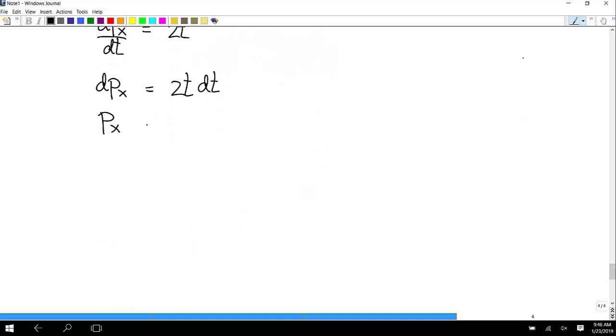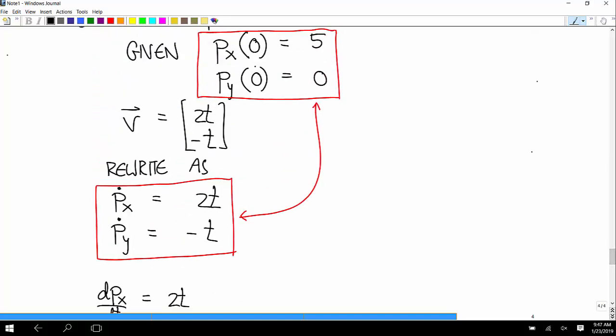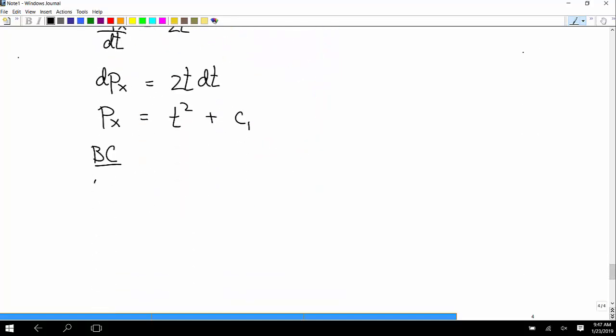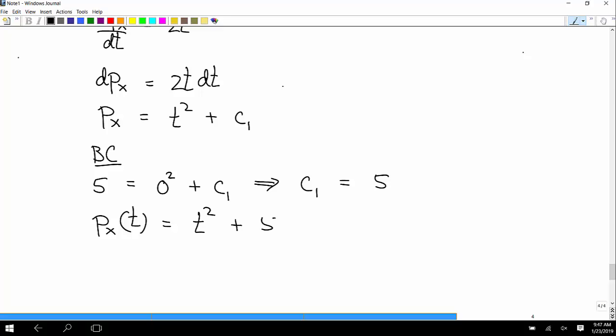And so px is equal to t squared plus c1. Now we'll use the boundary condition that says when time is equal to 0, px is equal to 5. So 5 is equal to 0 squared plus c1, so c1 is equal to 5. So px as a function of time is equal to t squared plus 5.